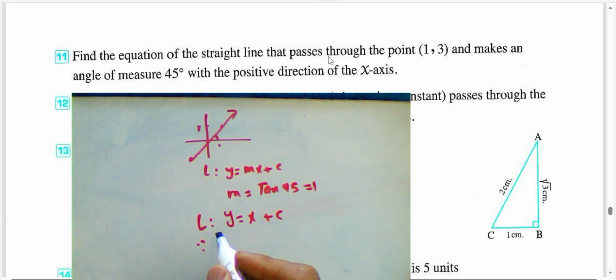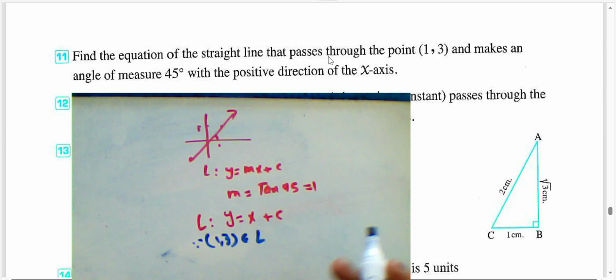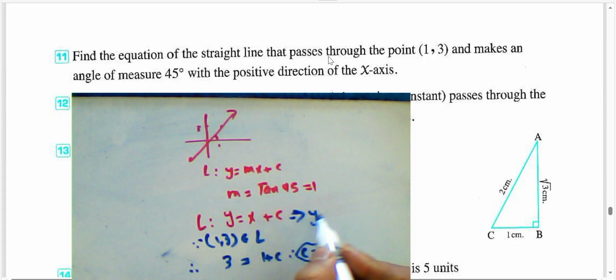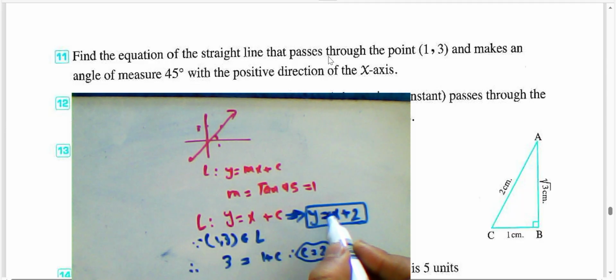The point (1, 3) is on the straight line, so it satisfies the equation. Then put x equals 1 and y equals 3, then 3 equals 1 plus constant, so the constant here will be 2. So you can find the equation y equals x plus 2.